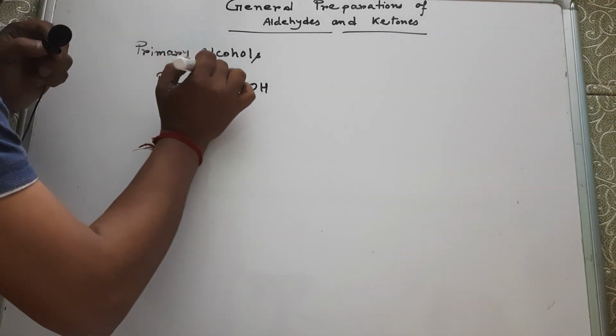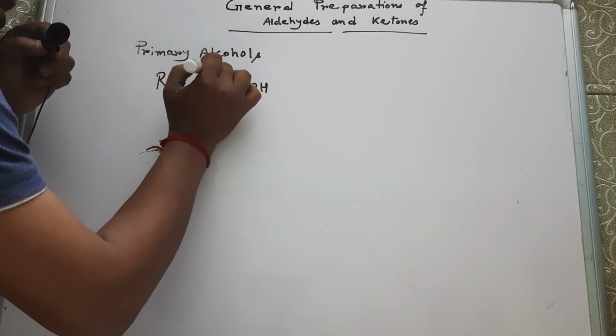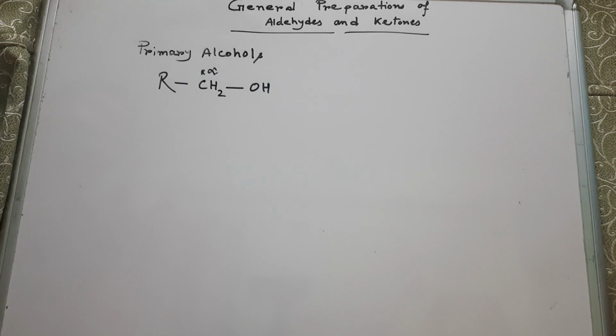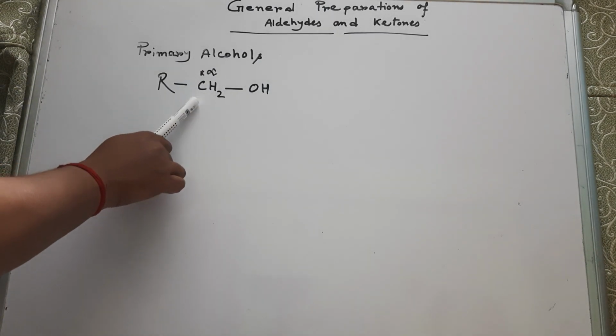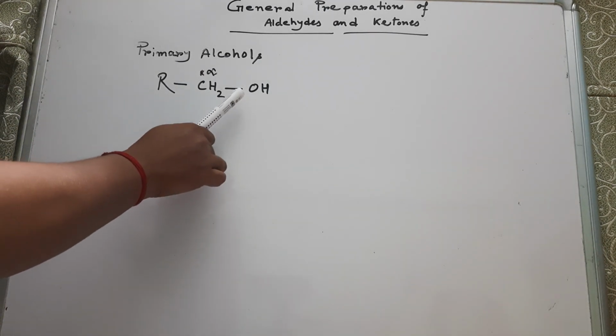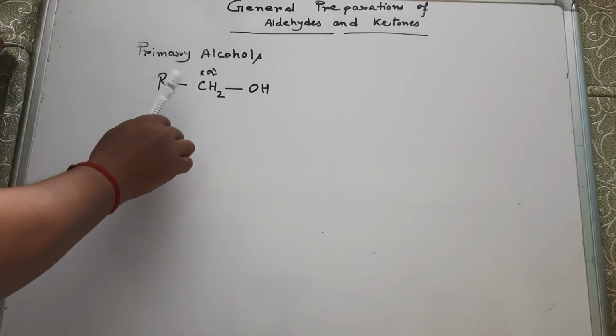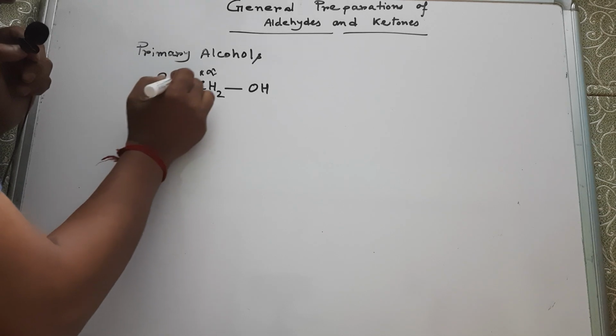That means this is the alpha carbon. Why is it the alpha carbon? Because the alpha carbon is that carbon atom to which the functional group is attached. And with this alpha carbon atom, only one alkyl group is attached.